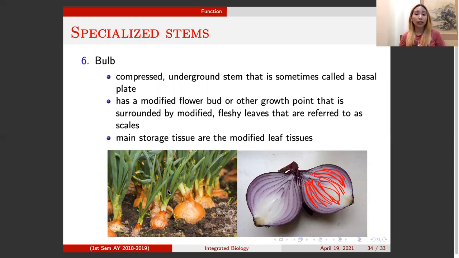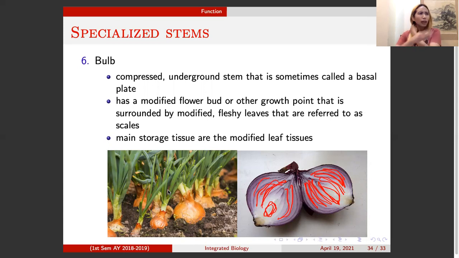Okay, they have modified flower bud, right? Or other growth point that is surrounded by modified fleshy leaf. Right, so ito yung kanilang modified bud. This is their modified leaf. And their main storage is the modified leaf. And that's the main difference between a bulb and the corm.